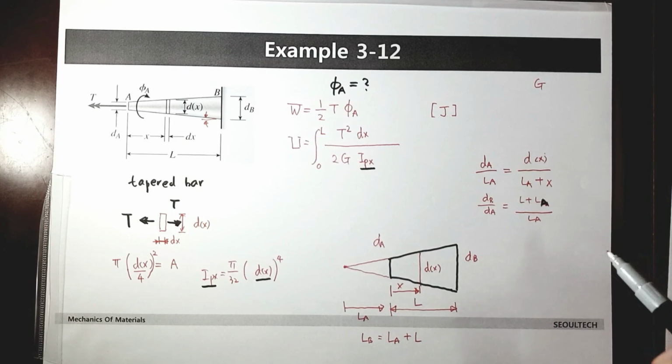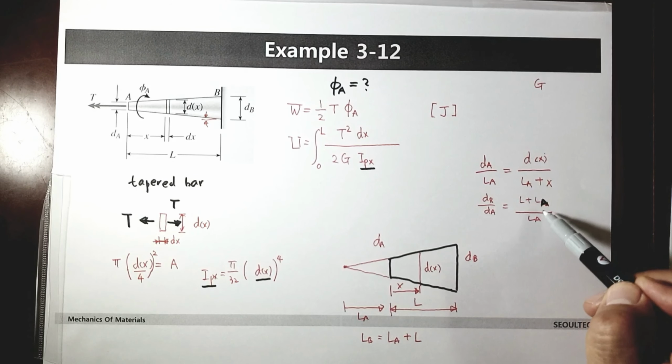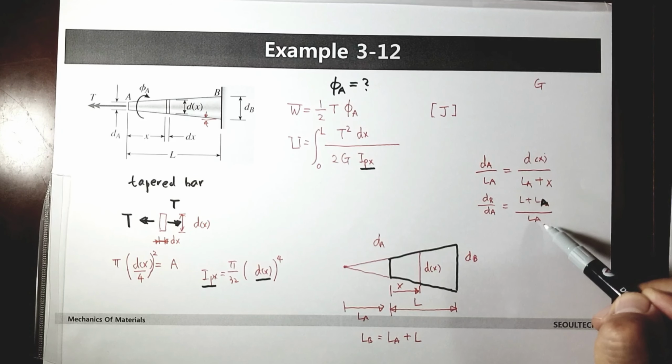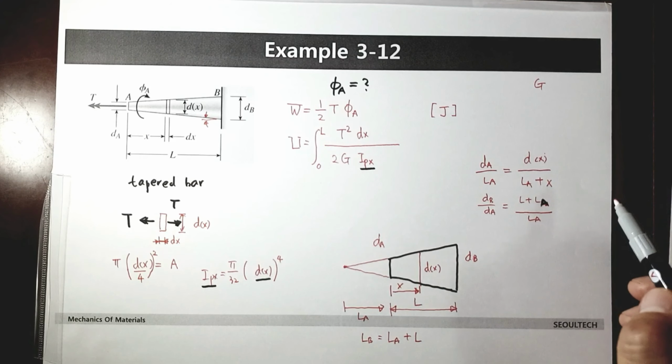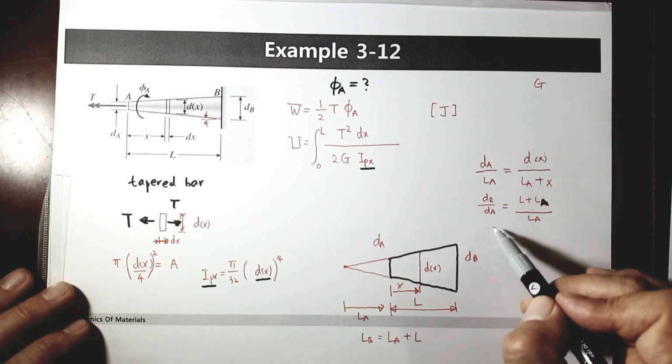Okay. When you substitute, you can find the LA value here, independent of LB or anything else. Then you can substitute there, and finally you can get dx. This kind of process is one method.